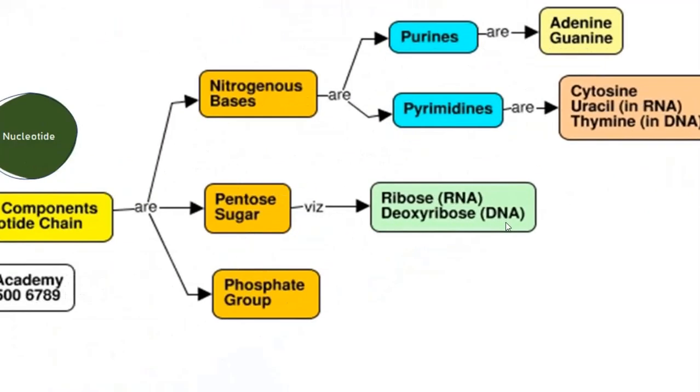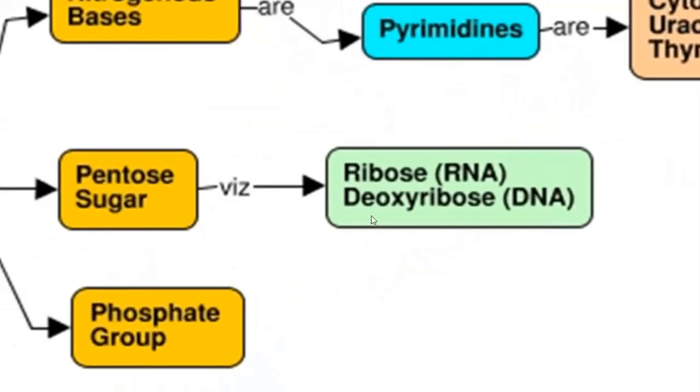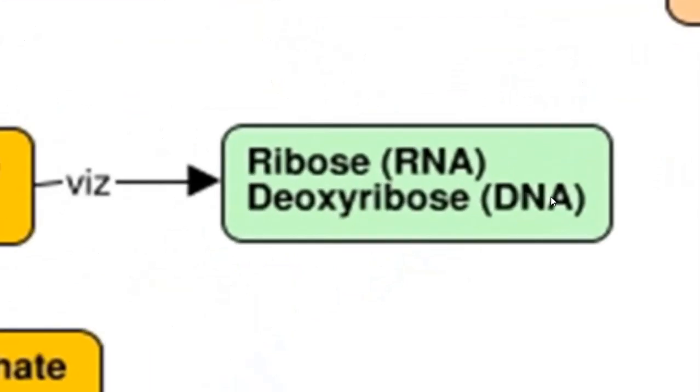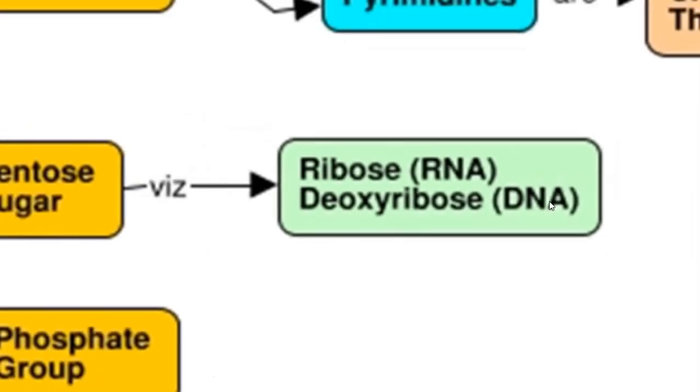And coming to the second important component, that is pentose sugar, two kinds of pentose sugars we observe. Ribose is the pentose sugar in RNA and deoxyribose is the pentose sugar in the DNA.